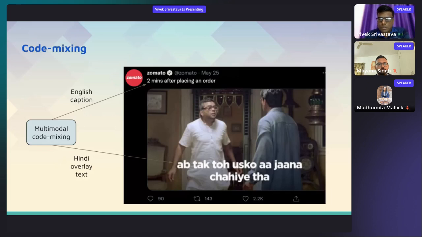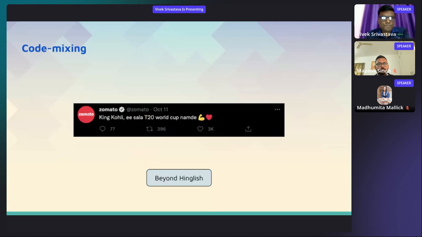So this is an open area where people can work. So far we have seen Hindi English as the code mix language, but that's not the only code mix language pair that we have. We have code mixing spanning across different parts of India, and not only India. We have code mixing beyond India as well.